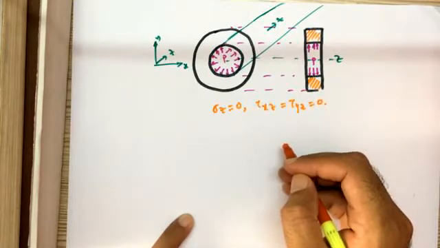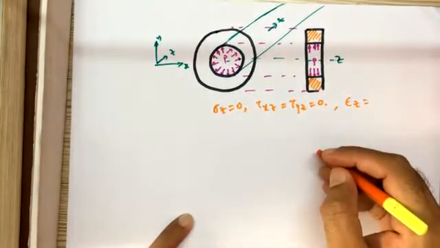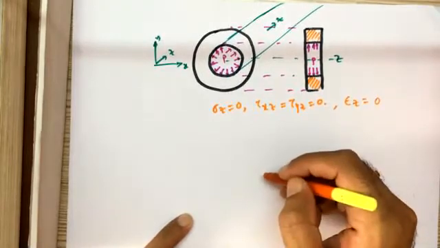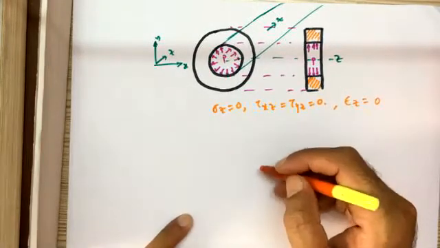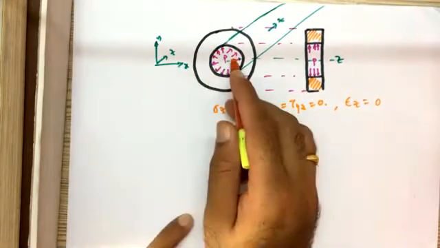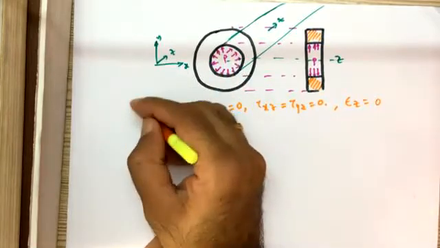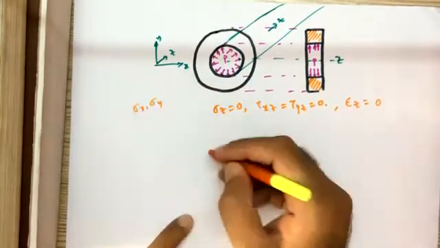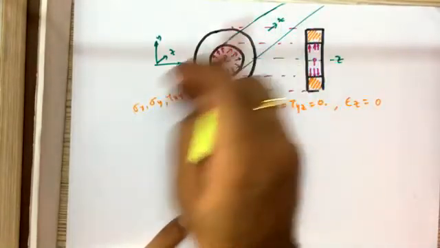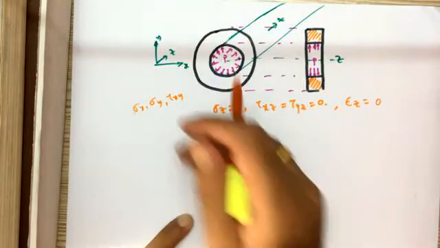Now, can I ask you what is epsilon Z? What is the strain in the Z direction? Can I simply equate it to 0? No. Even though there is no loading in the Z direction, because of the stress acting in the X and Y directions, because you have sigma X and sigma Y, and you also have tau xy, obviously there will be shear stress in this xy plane.